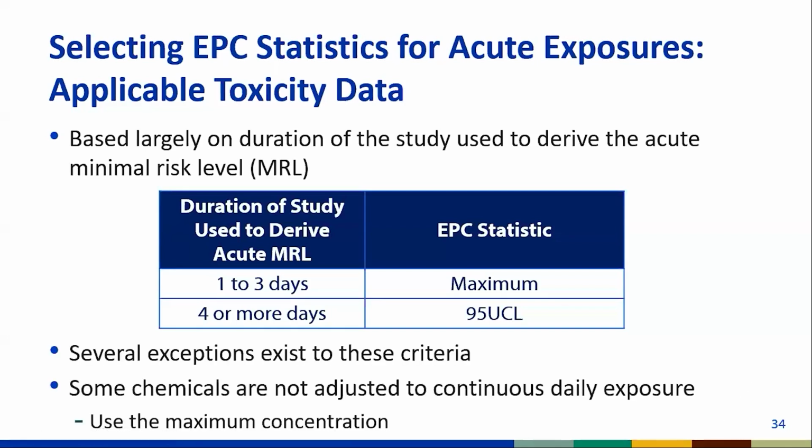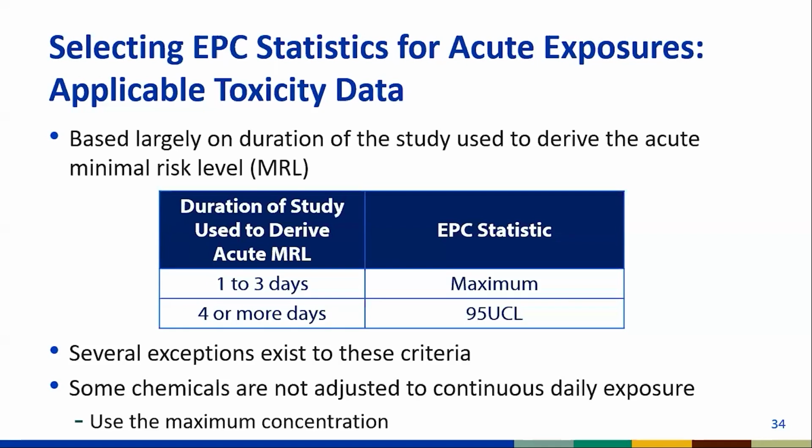Now, although exposure duration of the underlying study is a key consideration, there are several exceptions to this. For example, one exception is related to inhalation studies that are not adjusted to a daily exposure. Basically, some chemicals exist where the inhalation MRL is based on an exposure concentration that was not adjusted from an intermittent exposure to a continuous 24-hour concentration.